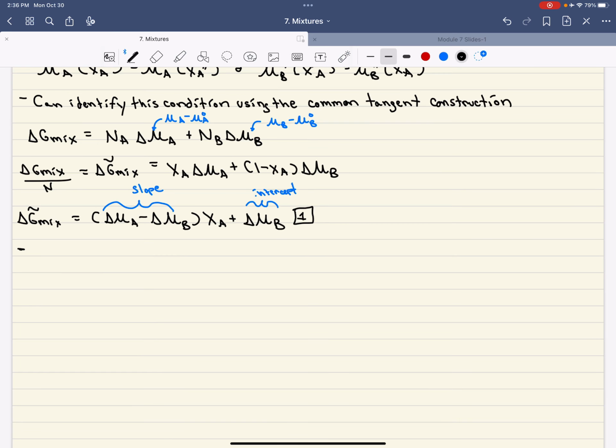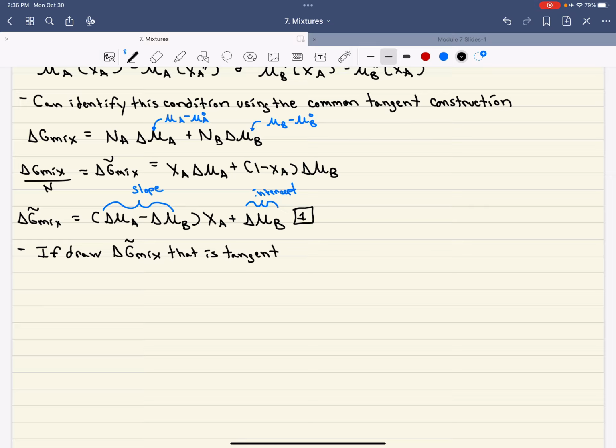By looking at that plot, what you could do is draw a line that is tangent to the delta G mix curve, so it touches the curve but doesn't cross through it.